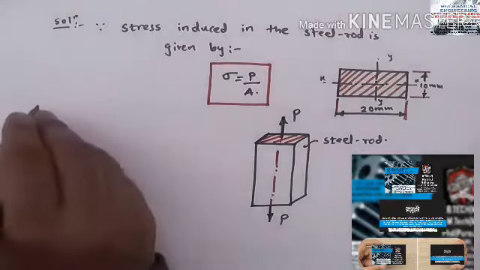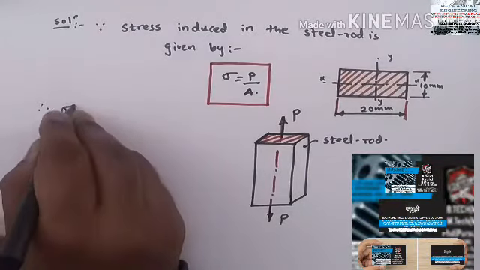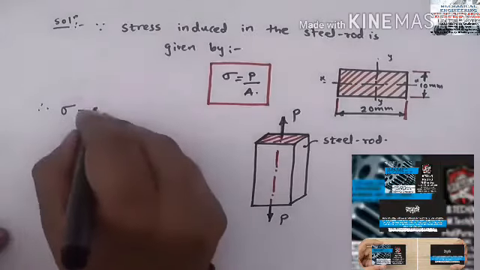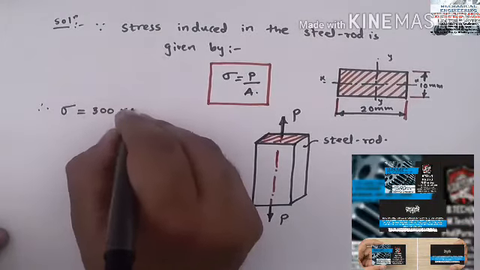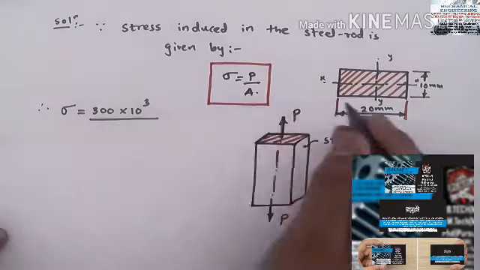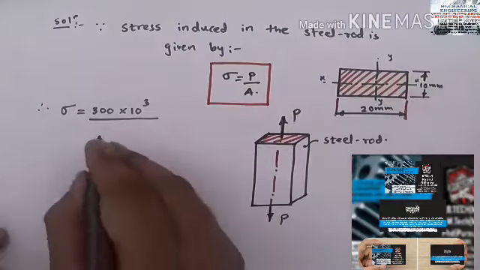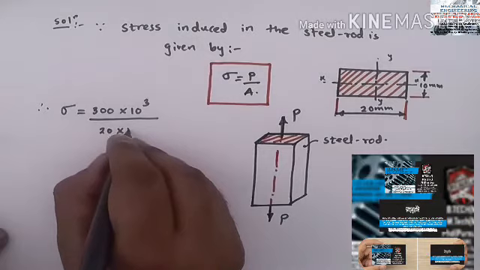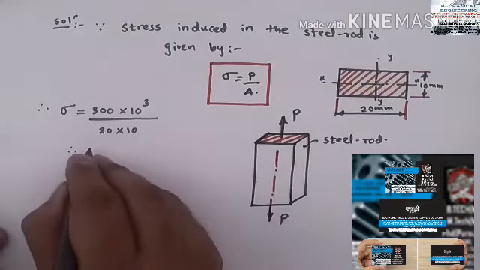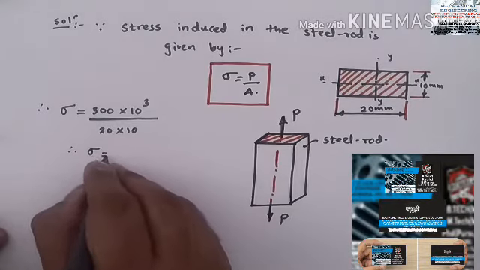So here I'll say, therefore stress will be equal to load, and the value is 300 kilonewton, area is 20 into 10. So from this I'll get the stress value.